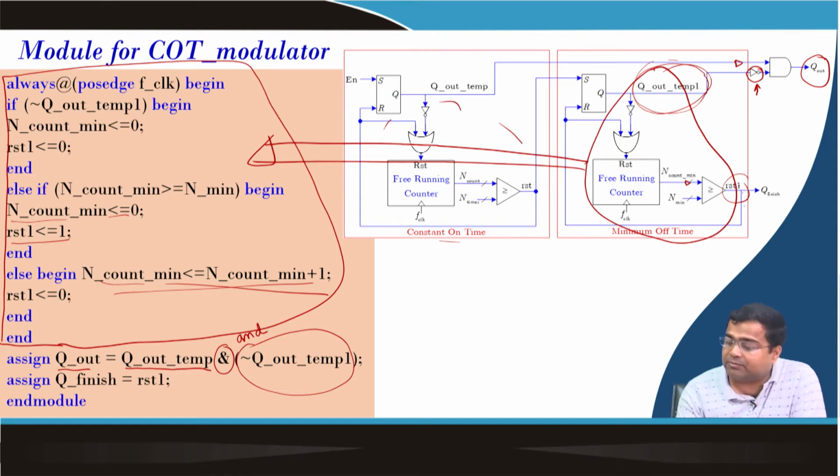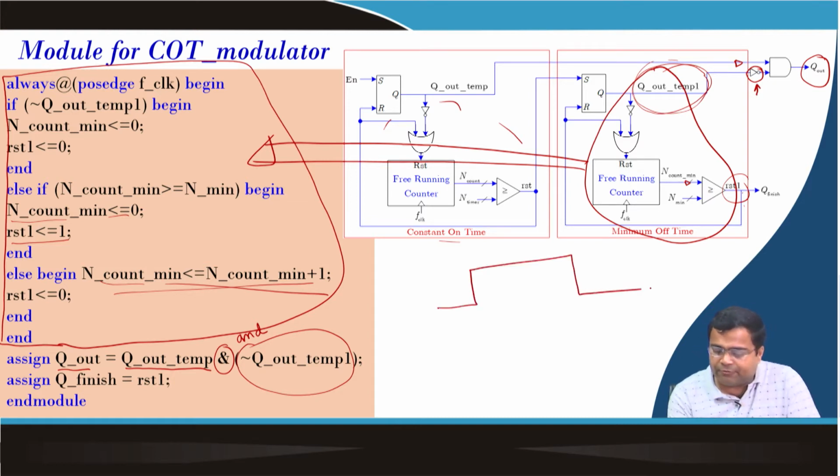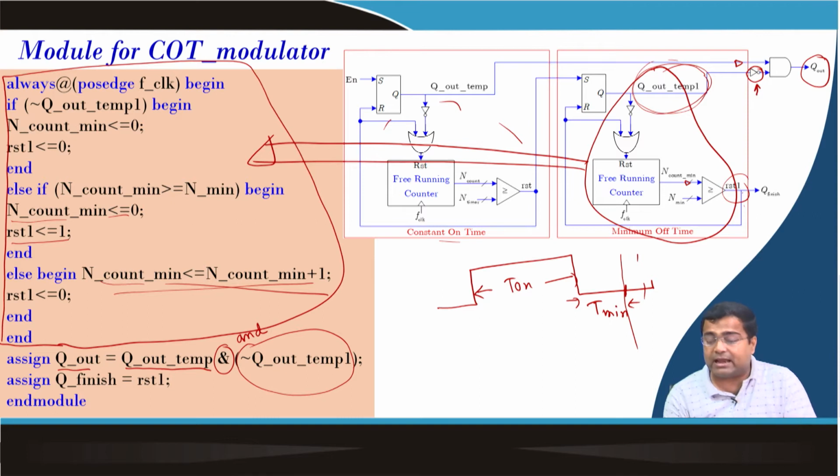It is the reset 1, because this will allow any further action in the monoshot timer, because you have completed your on timer followed by the minimum off time. That means this is your T on, and here let us say you have completed your T min, then the counter is allowed for further triggering if you want, but till this point you cannot do anything.